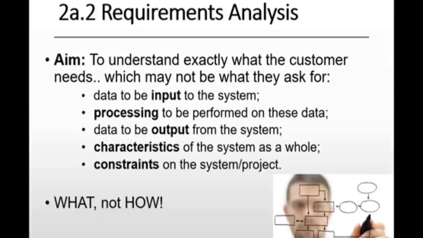In requirement analysis we are not considering how it happens. We are just talking about what exactly happens: what we have to implement, what functions, and what components we have to deliver as software. We are not worrying about how in the requirements phase.